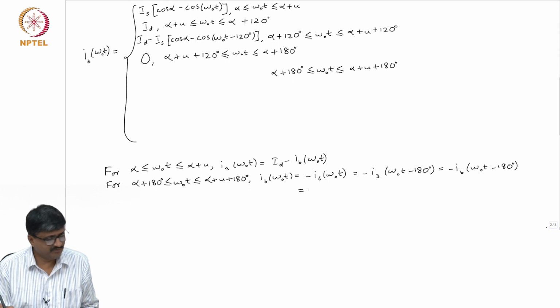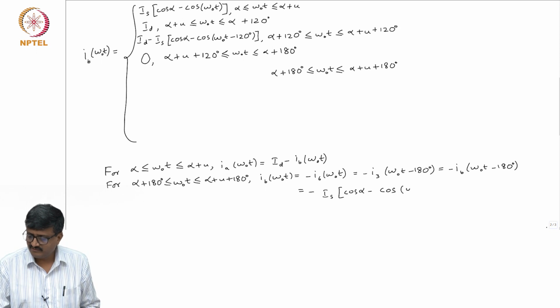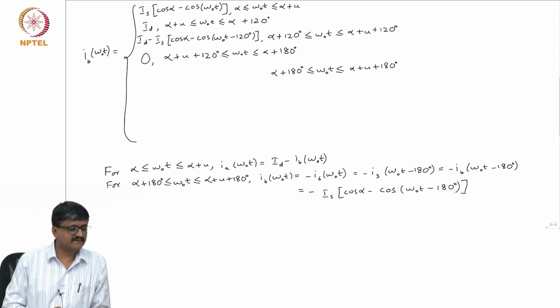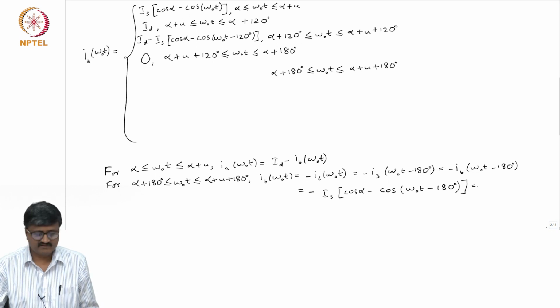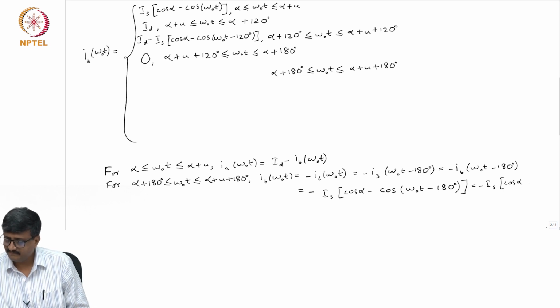This is equal to minus IS into cos alpha minus cos omega OT is there. I should replace that by cos omega OT minus 180 degrees. So, this is nothing but minus IS cos alpha plus cos omega OT.